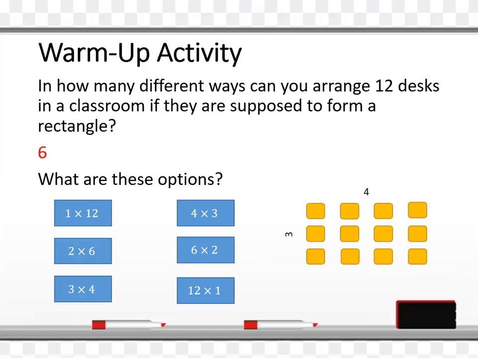So you'll notice that you are actually finding the area of a rectangle with dimensions 3 units and 4 units. This concept of finding the area will be used to develop your understanding of how we simplify expressions using the distributive property.